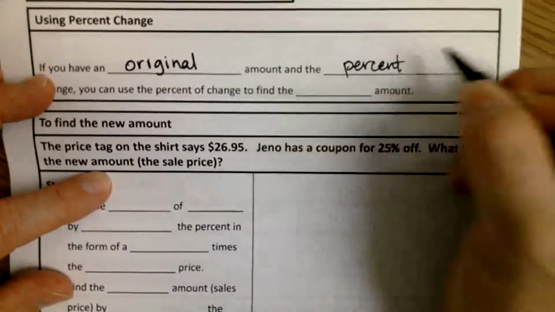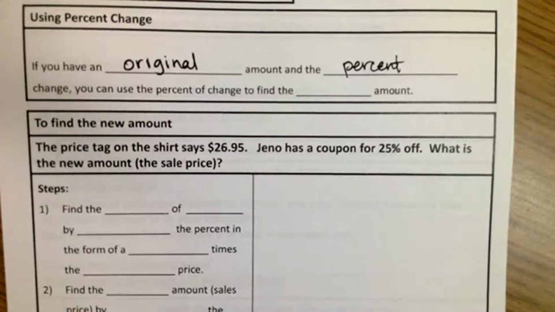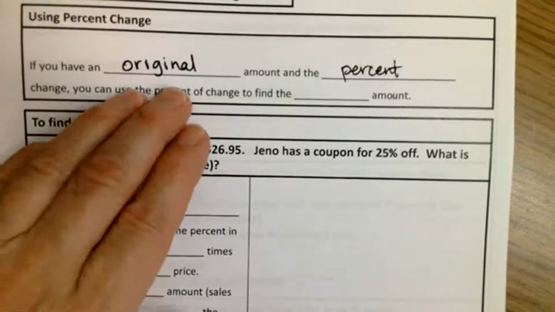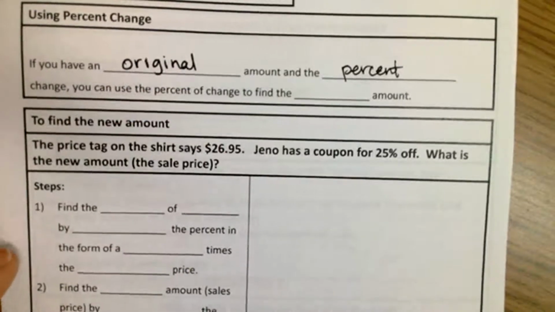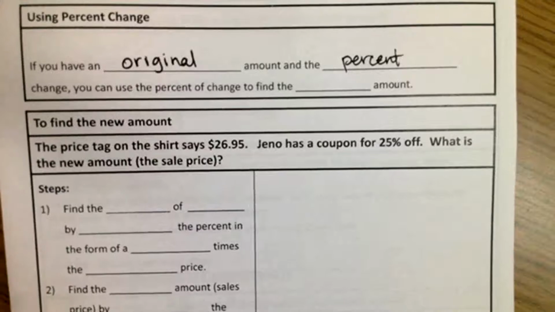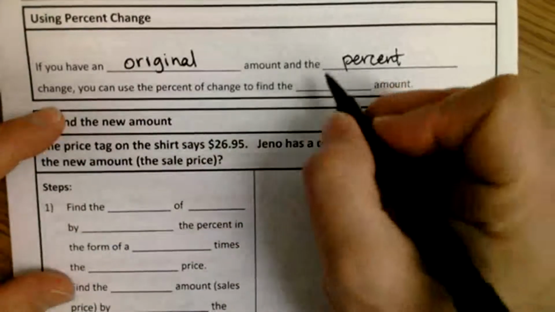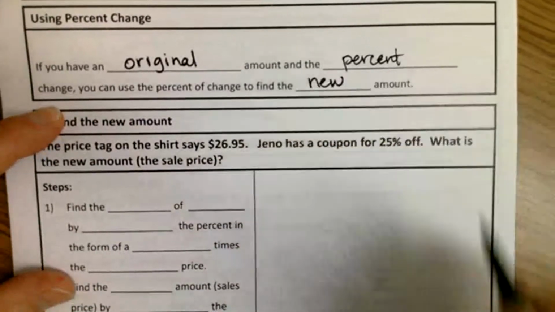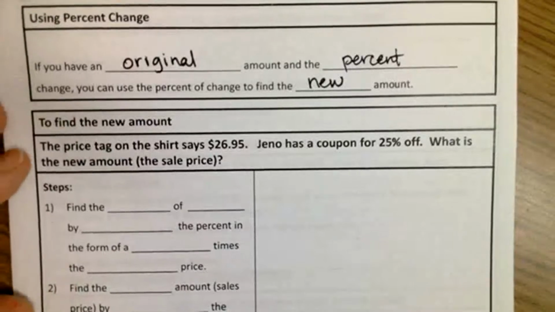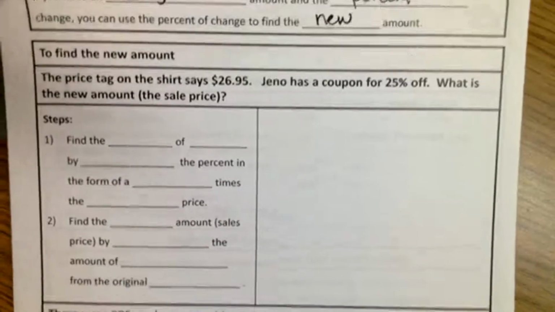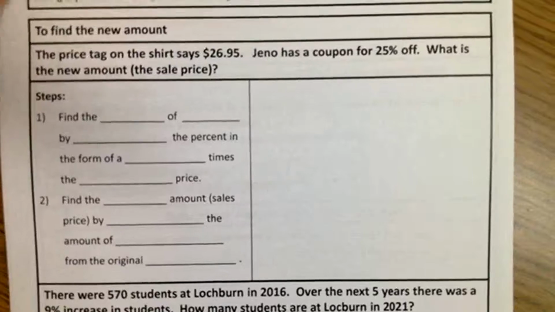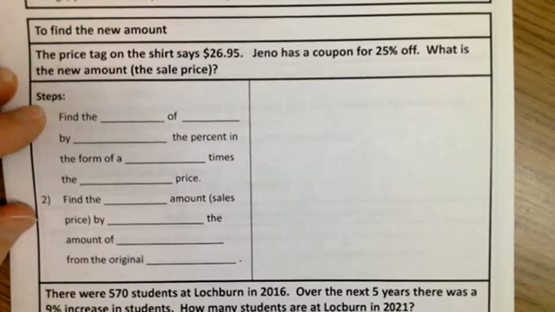On the last page, we had the amount of change. We knew the old amount and the new amount, and we were finding the percent. In this case, we have the old amount and we have the percent of change, and now we're going to use that to find the new amount. Okay? To find the new amount.